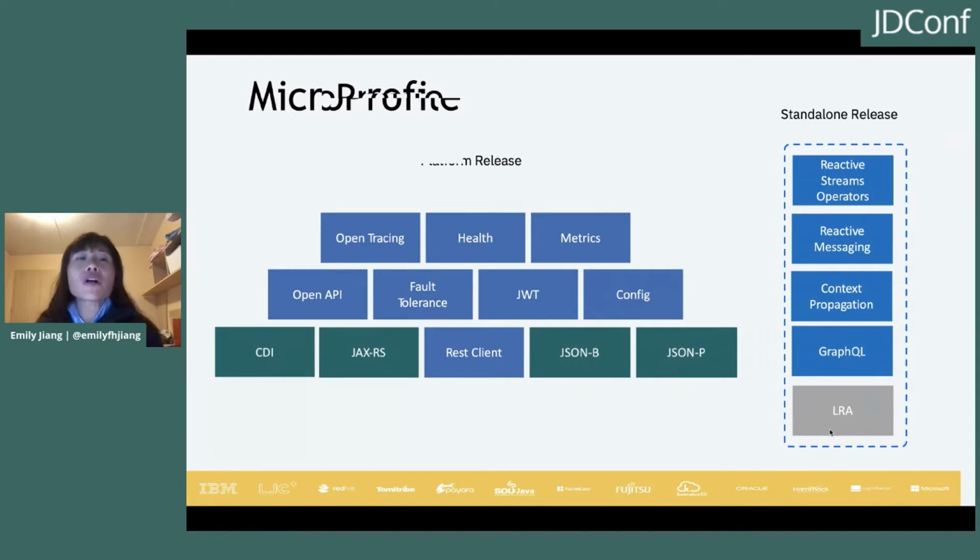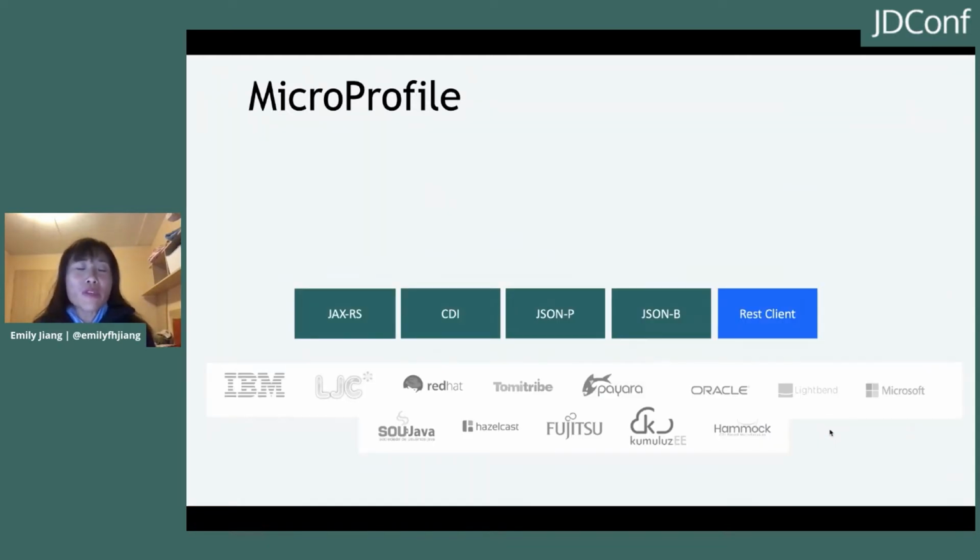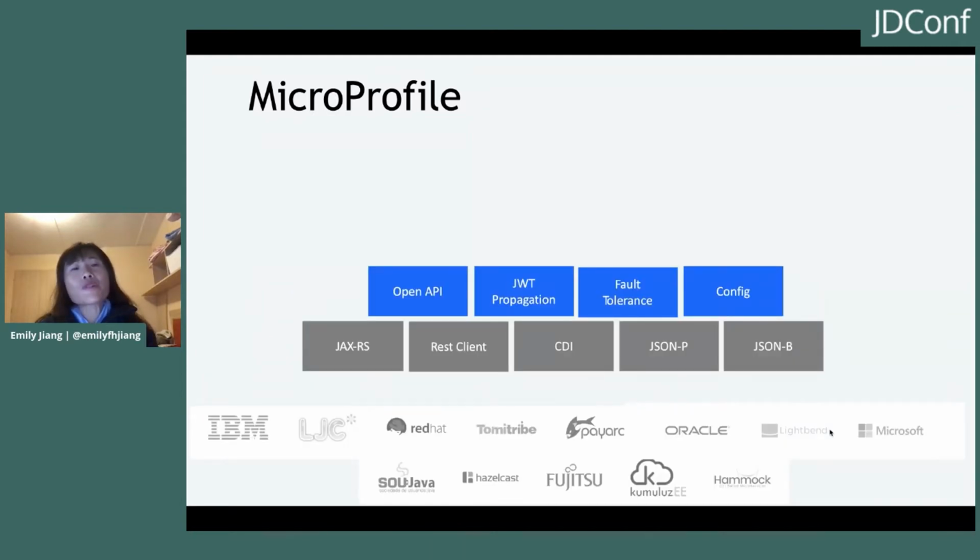In this talk, I will talk about this platform release. When you create a microservice, it's very popular to create a RESTful microservice, and then you use JAX-RS, CDI, JSON-B, and JSON-P. You can use MicroProfile REST Client to connect these microservices together. Then you need to think about quality of services.